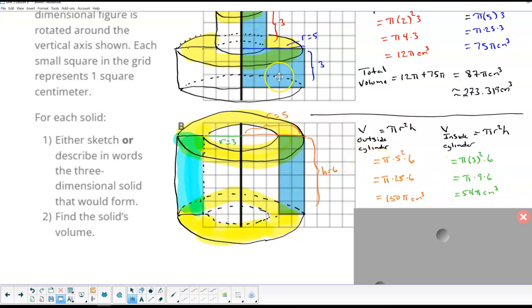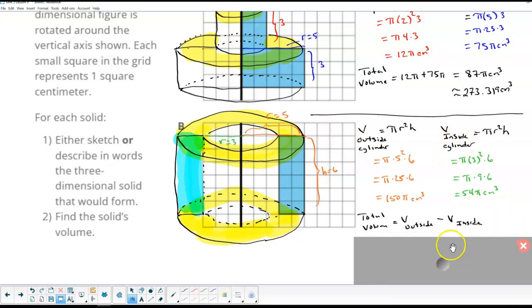Now here's the trick. Notice, in part A, we had a solid on top of a solid. It created a larger solid, so we added the two volumes together. Here, we have a large solid, and we're actually taking away the inside solid. So we're going to do the volume of the outside cylinder minus the volume of the inside cylinder, which is 150 pi minus 54 pi.